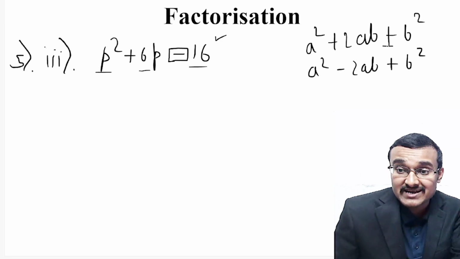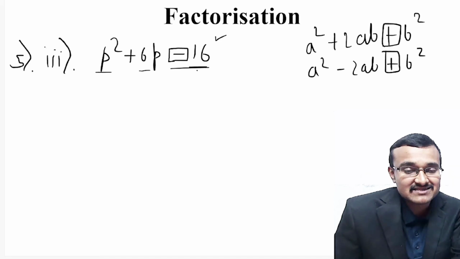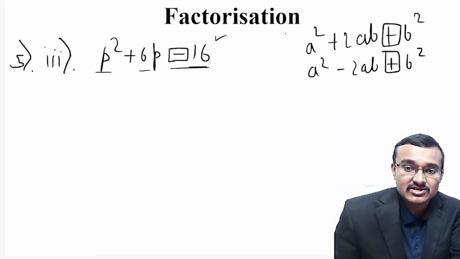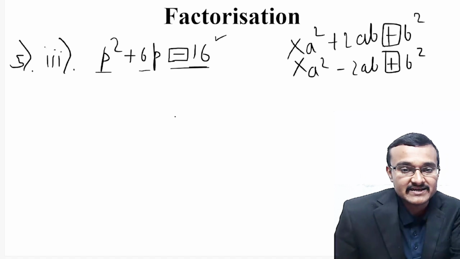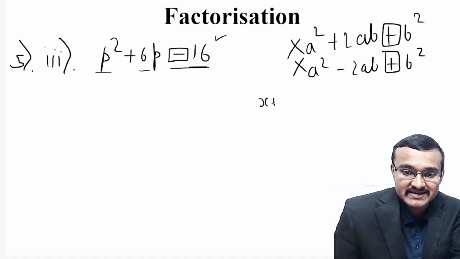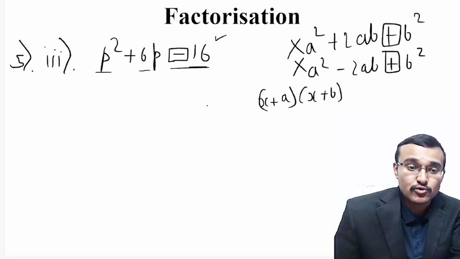In both cases you are getting plus b square. But here you have minus in this place. That means you cannot use this identity. So you should use the x plus a into x plus b identity only.